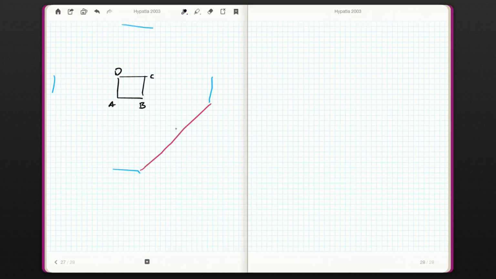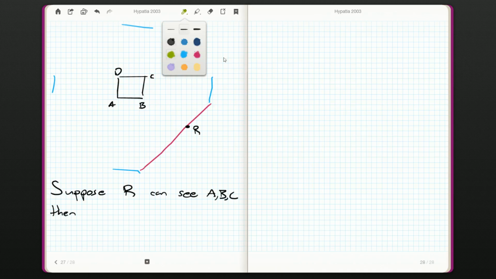Okay, so suppose R can see A, B, and C. So we'll put R up here, very close to Q. And we'll add in our green dotted lines of height 10.